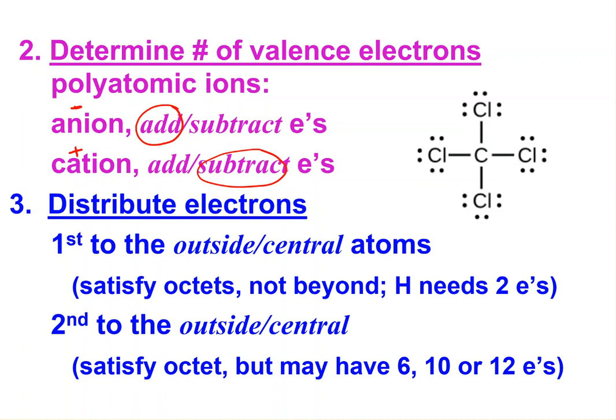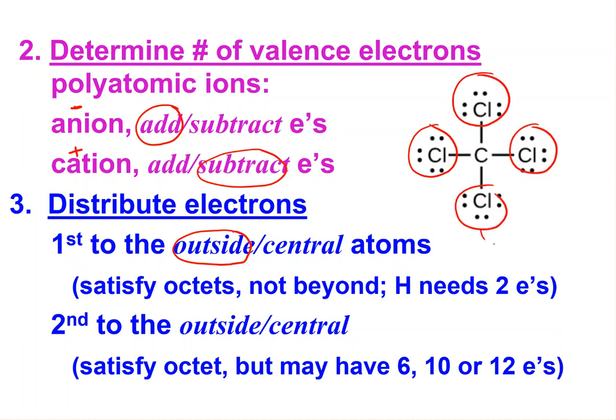And then the order that you distribute when you start putting the dots on there is very important. Pay attention that when you start putting the electrons on your atom, you're always going to start with the outside atoms and make sure they have their octets. And after you have all the outside atoms or surrounding atoms, and by the way, on this structure, this is what I mean by the outside atoms.